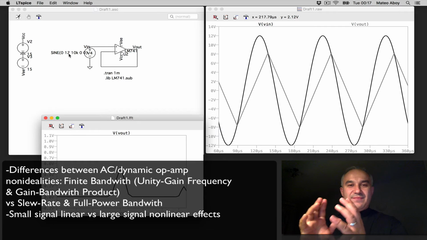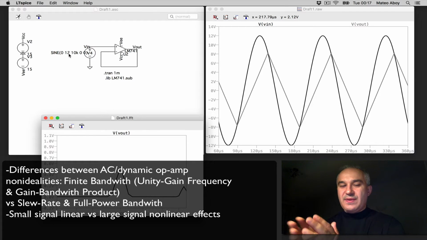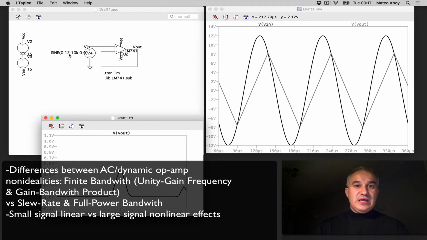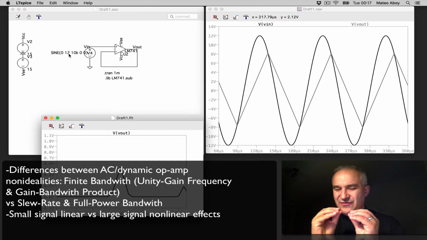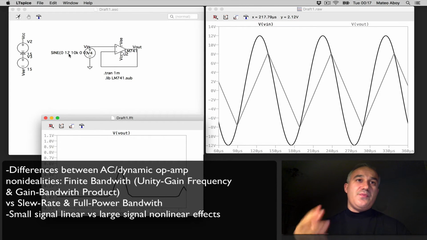So you need to choose them for the particular application or the particular stage, based on what matters to you for that application. For instance, if you want very low bias currents, you may have operational amplifiers that have a MOSFET at the input and they achieve very low bias currents compared with BJTs.